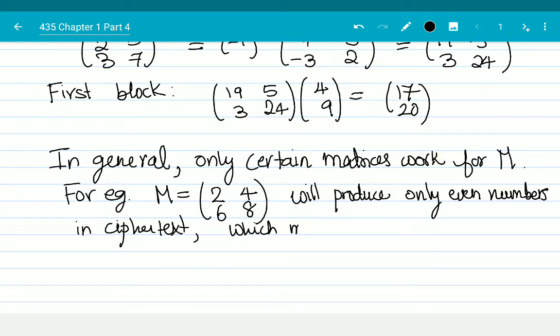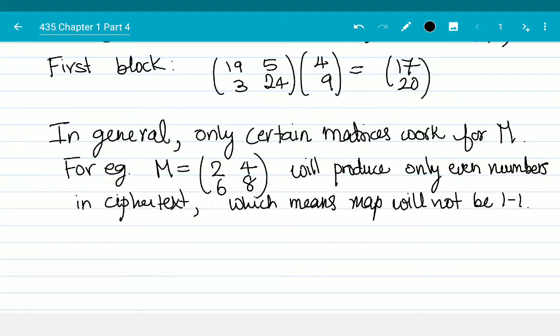There will be two things that are mapped to the same pair, because there are not enough pairs. There are 26 squared pairs that you're starting from, and there are only 13 cross 13, so 13 squared pairs of both numbers being even. So our map definitely will not be 1-to-1, and we will not be able to decrypt.